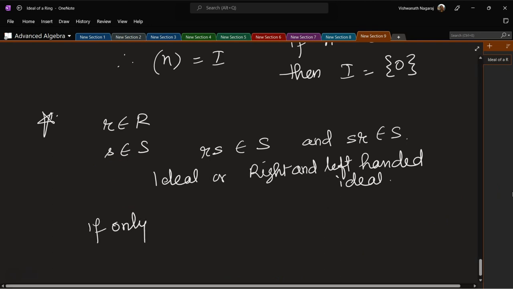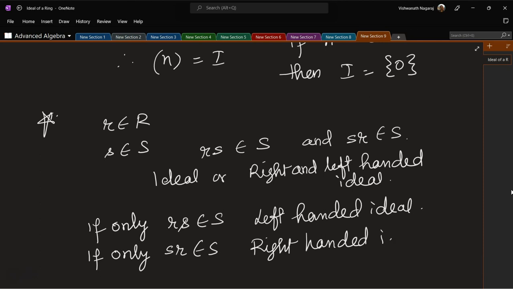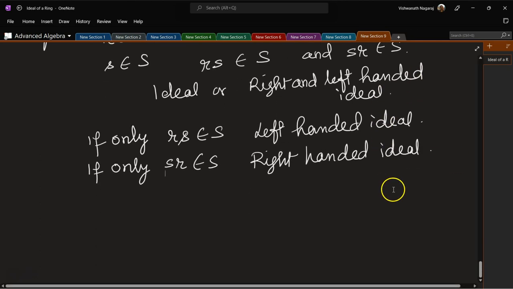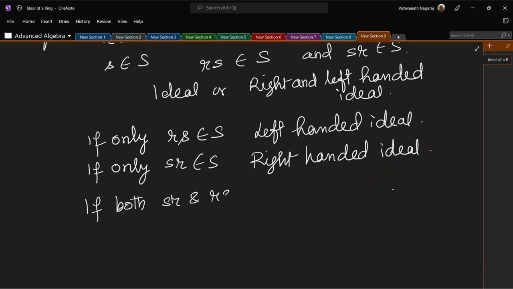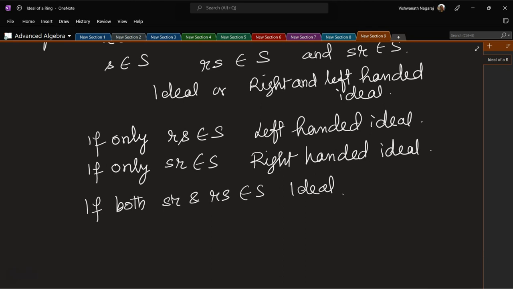If only RS belongs to S, then it is called a left-handed ideal or left ideal. If only SR belongs to S, then it is called a right-handed ideal. And as we have seen, if both SR and RS belong to S, then it is called just an ideal. So that is ideal of a ring.